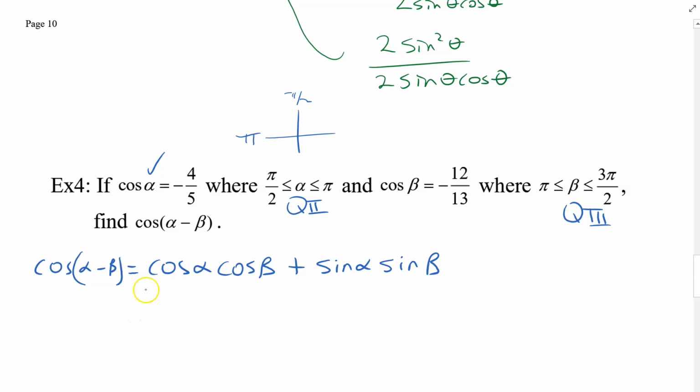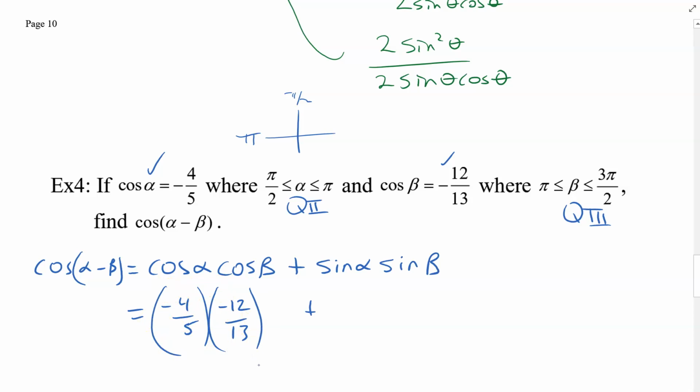I could say, okay, I know that that one is equal to negative 4 over 5. I don't know what cos beta is yet, so I'm just going to leave parentheses there for cos beta. I do know what cos beta is, it's right over here, negative 12 over 13. So I can draw that part in. So it's going to be multiplied by negative 12 over 13. And again, we're multiplying here, so I'll put these parentheses back.